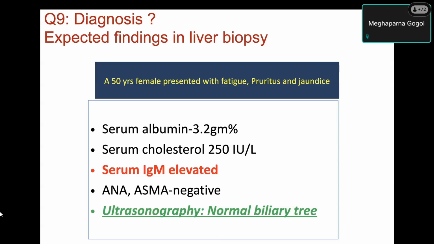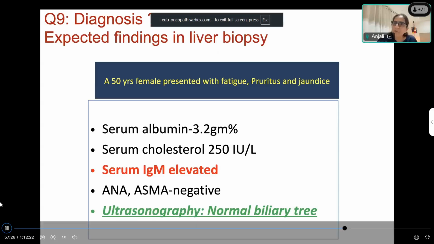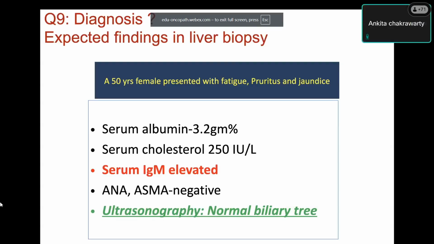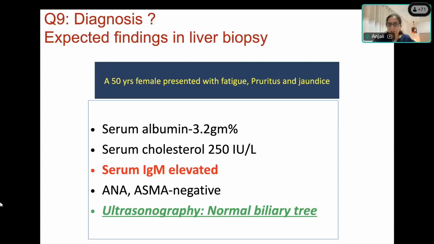Yes, variable fibrosis might be there, and infiltration of inflammatory cells. Which are targeting which cells? Ma'am, lymphocytic infiltration would be there in portal areas, destroying the bile ducts. Very good.